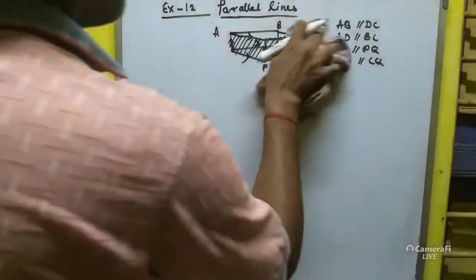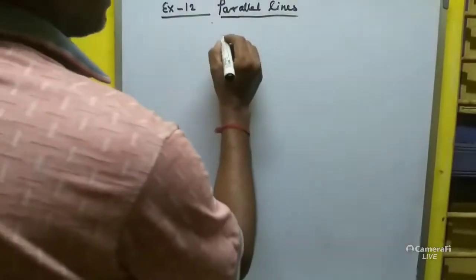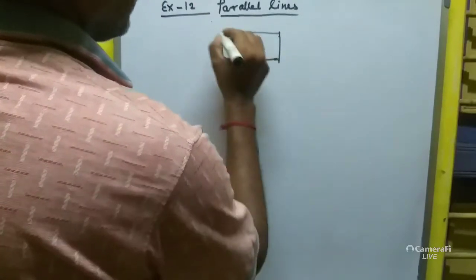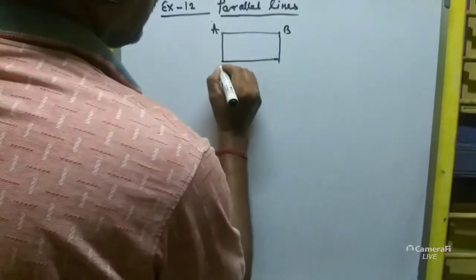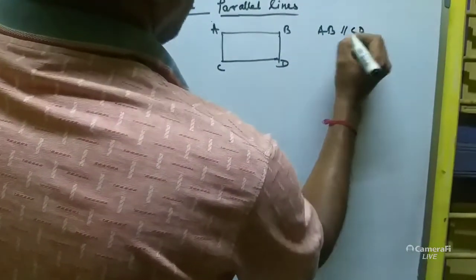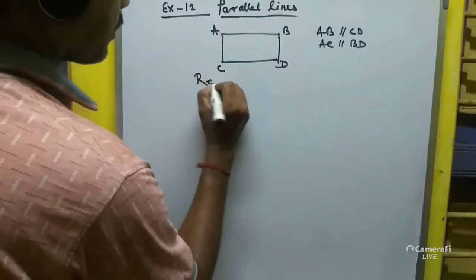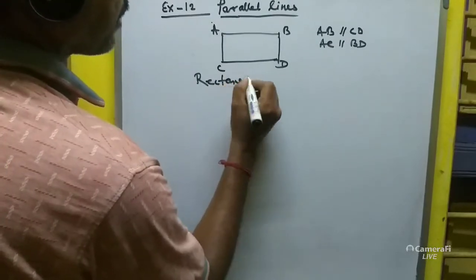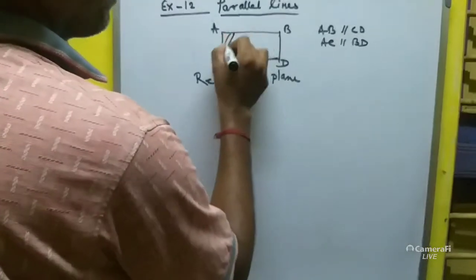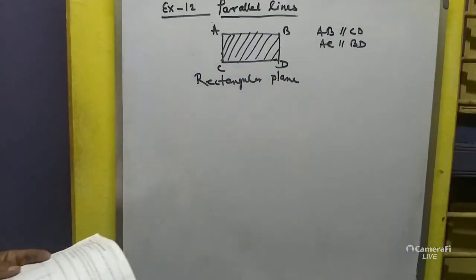Very easy thing: find out the planes and then find out the parallel lines, because every plane is like a rectangle, and in a rectangle you know that opposite sides are always parallel. So AB is parallel to CD and AC is parallel to BD. This is a rectangular plane. You can easily find this out.